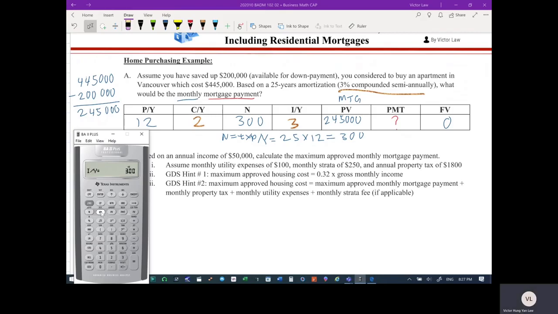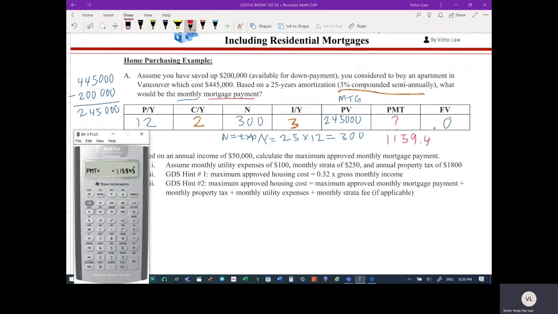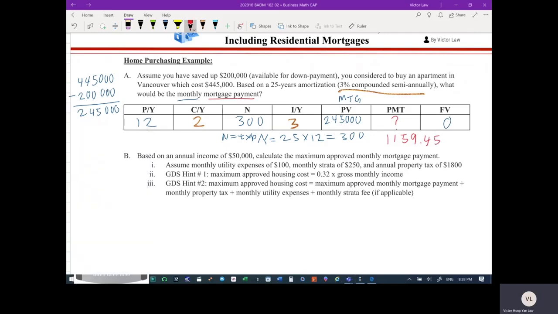Then present value, 245,000, and 0 for future value. Then we compute for PMT, and we get 1159.45. That's the PMT that we have for part A.